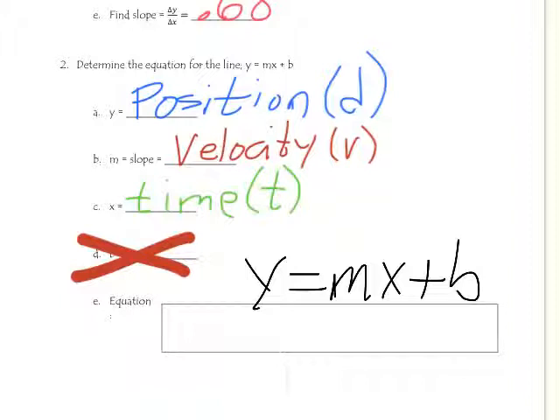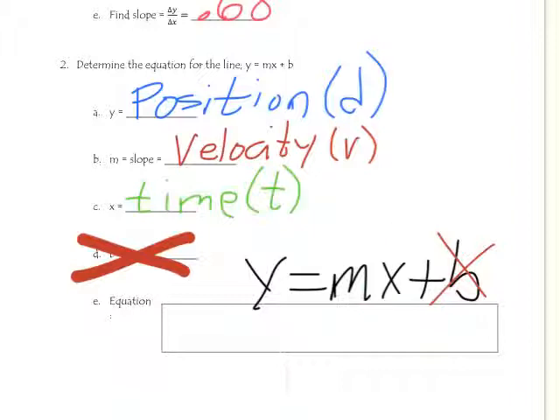For example, as I said before, we're not going to be using b, so we're going to take that part out of the equation. We're going to replace y with distance, m with velocity, and x with time.